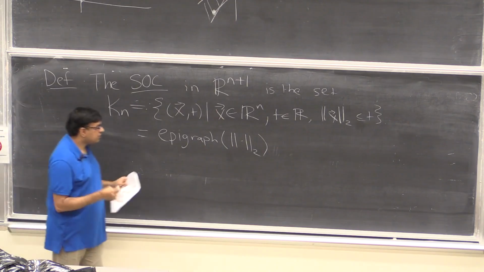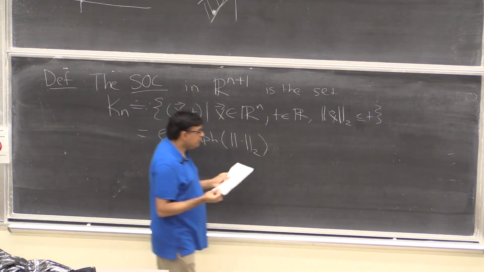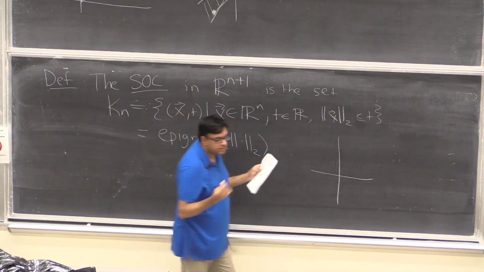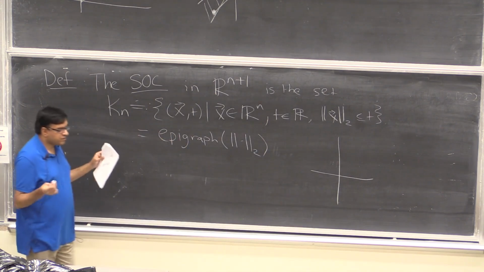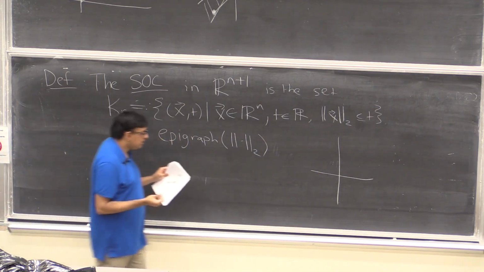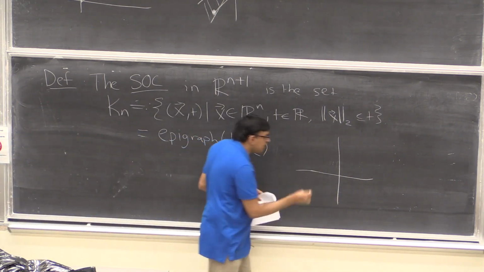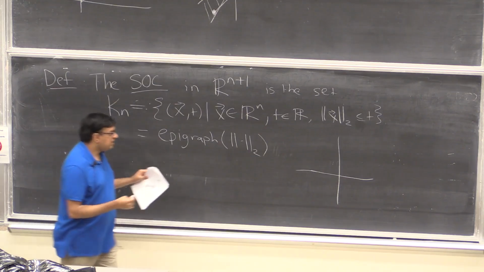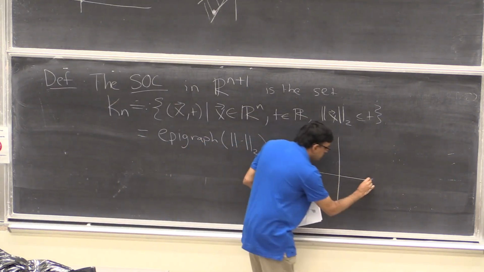Okay, so what does this actually look like? As the epigraph of the 2-norm, it's possible to draw K_1, because K_1 is a subset of R^2. If you're a better artist than me, maybe it's also possible to draw K_2, which is a subset of R^3. But I would mess it up really badly, so let's not do that.